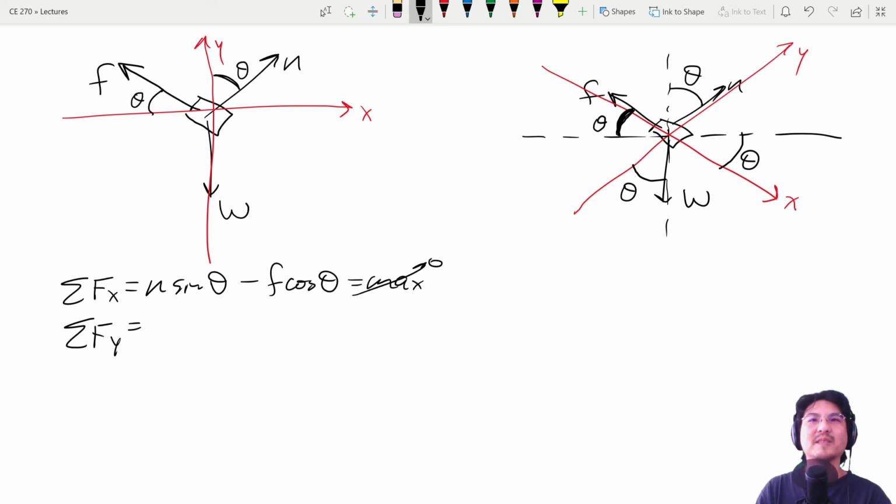Okay, this is static. In the y direction, the y component of n is positive and is adjacent to the angle, so cosine. Friction here is positive y and is opposite the angle, so plus. And then the y component of the weight is negative.